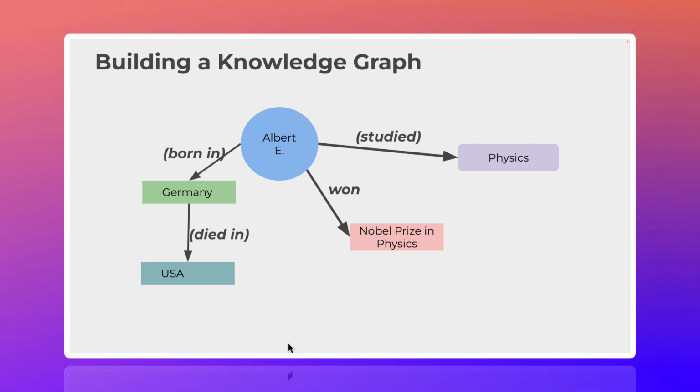And the relationships in this case would be Albert Einstein studied physics, as we've discussed. Albert Einstein won Nobel Prize in physics. Albert Einstein was born in Germany. Albert Einstein died in the USA. So these are the relationships that govern the entities. Okay, so that's something to always keep in mind.